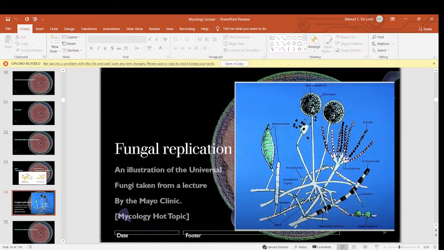You also have the sporangium or the sporangia, indicated by that large circle bulb over there. And we also have the conidia. Arthroconidia is also included over there, which makes it look like a piece of bone, hence the term arthroconidia. And then we also have chlamydoconidia.